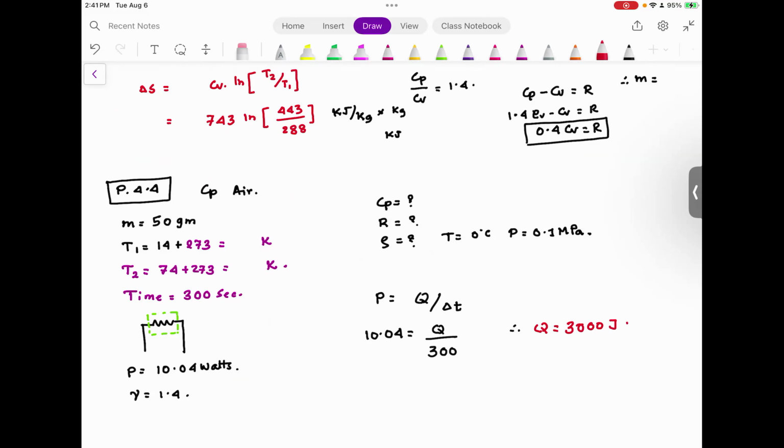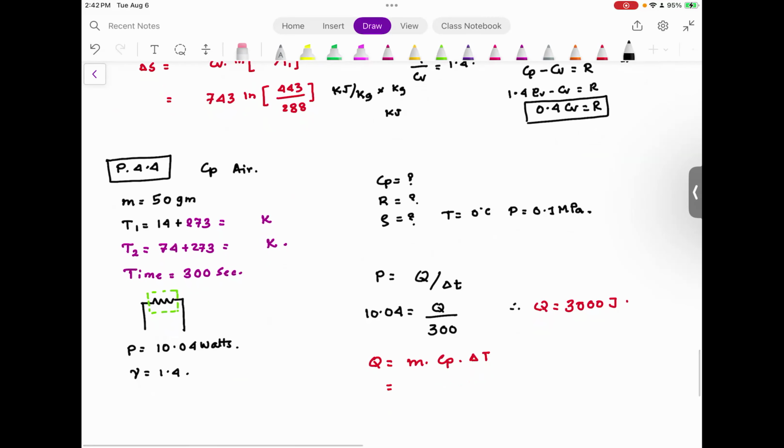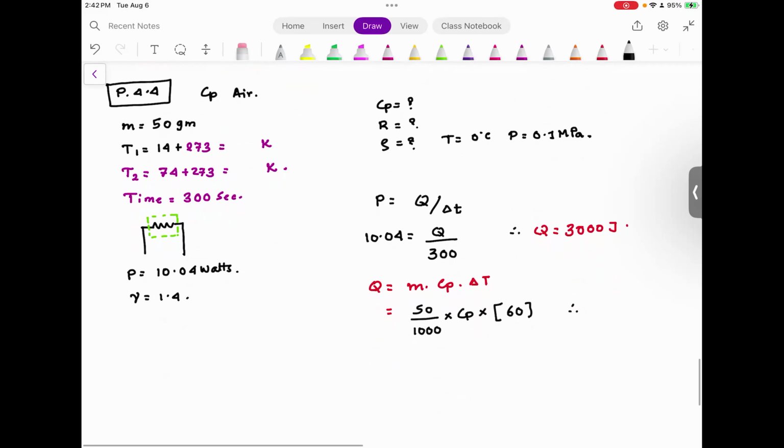And this 3000 joules Q is nothing but m times Cp times delta T, where m is the mass, which is 50 divided by 1000. Cp value we have to find out, and change in the temperature is 74 minus 14, which is 60, and from this you should be able to find out the value of Cp.